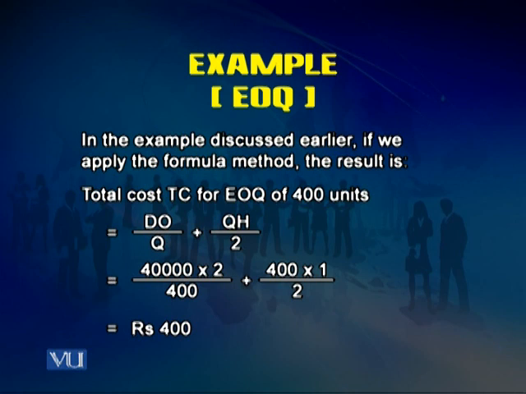So 40,000 into 2 over 400 plus the Q of 400 into 1 over 2. This is equal to 400, which was the quantity we said is going to give us the lowest cost, the EOQ. So we have just applied the formula to the information that we used in our first example.